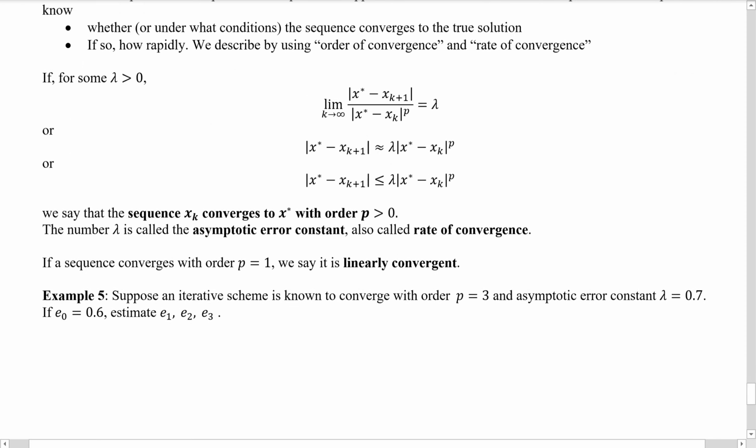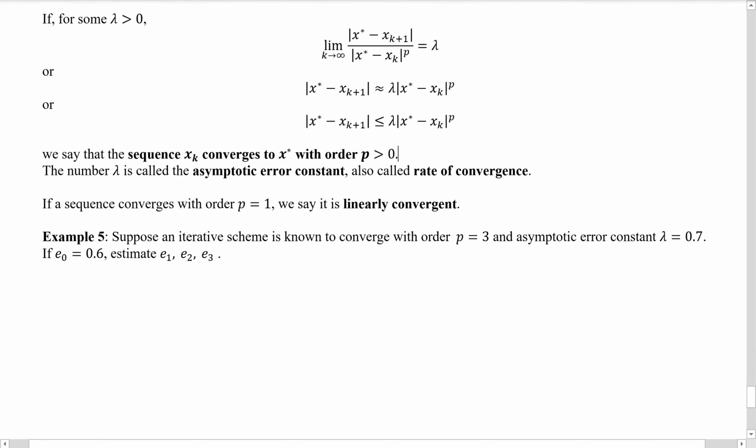So example 5. Suppose an iterative scheme is known to converge with order p equals 3, and the asymptotic error constant lambda equals 0.7. If E0 equals 0.6, estimate E1, E2, E3.